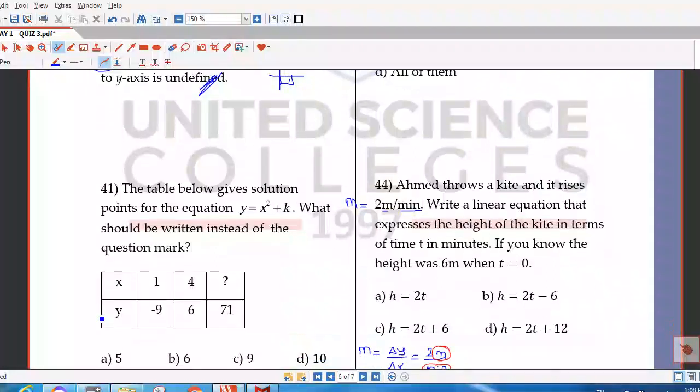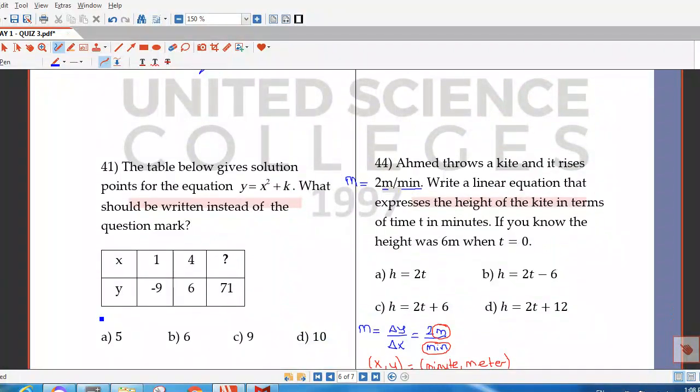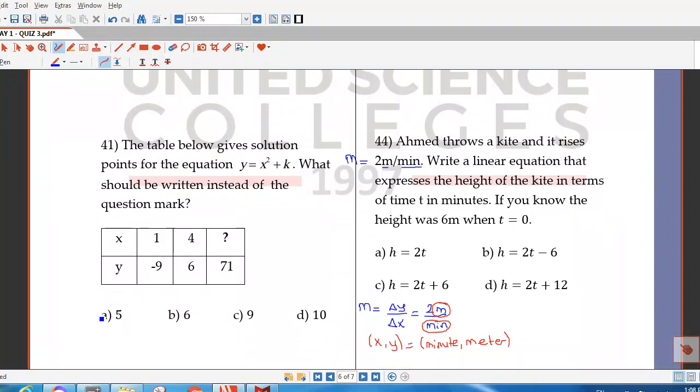41. We have a table and there's an equation, there's a missing term k. Our question is not finding k, our question is filling the table, finding the question mark, but first of all we have to find k. So we are going to choose these as an ordered pair.